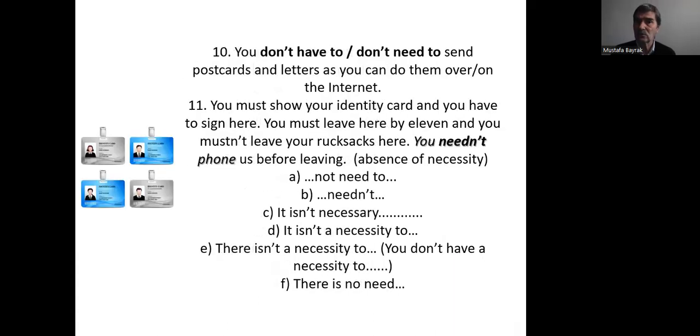10, you don't have to, or you don't need to send postcards and letters, as you can do them over the internet nowadays. 11, you must show your identity card and you have to sign here. You must leave here by 11 and you mustn't leave your rucksacks here. You needn't phone us before leaving. So there is absence of necessity. You needn't phone us.